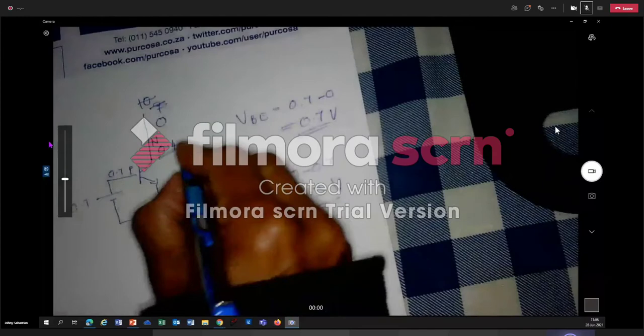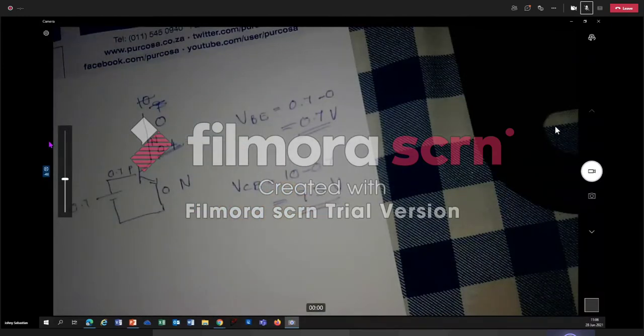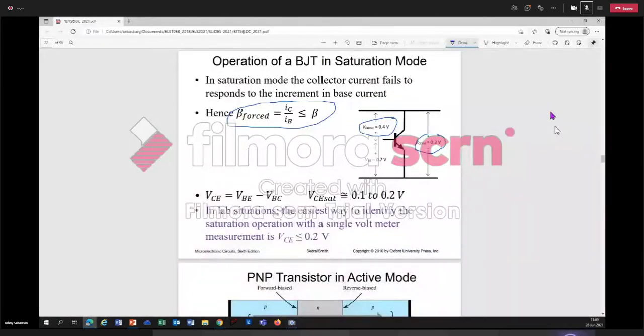That is the minimum value at the collector we need to keep collector base in reverse bias.